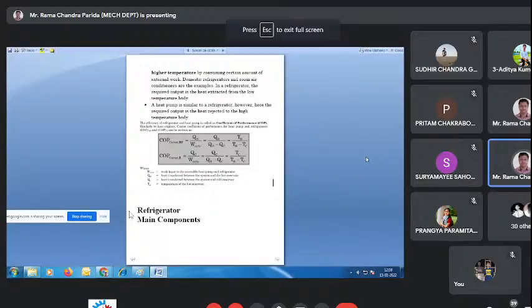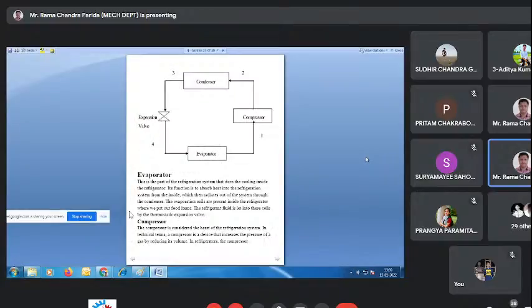Very good. So there are actually four main parts of your refrigerator. Here it starts from the evaporator: evaporator, compressor, condenser and expansion valve. In the refrigeration cycle, the refrigerant is flowing through these.